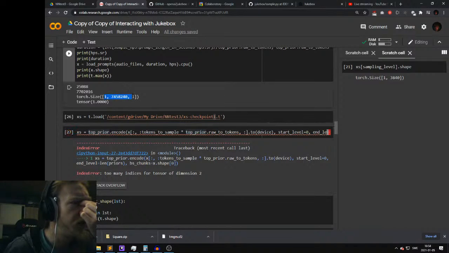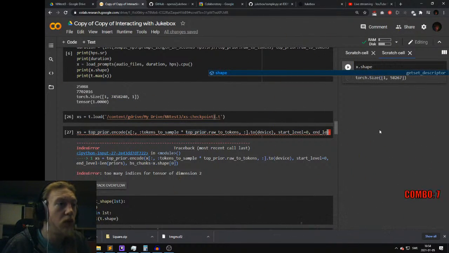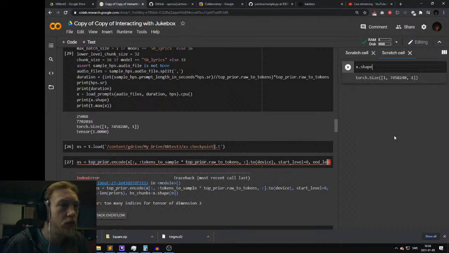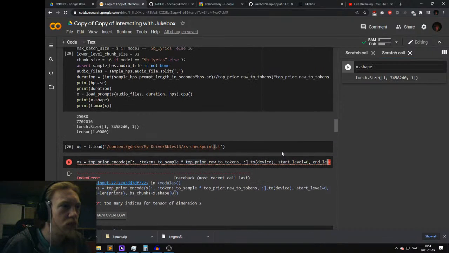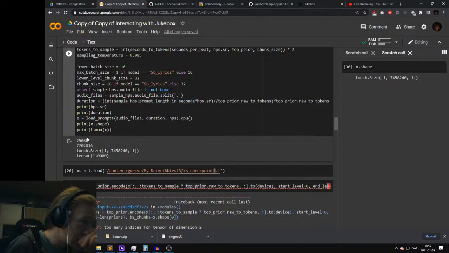The shape of x is 3. What? When? What? I load it in.